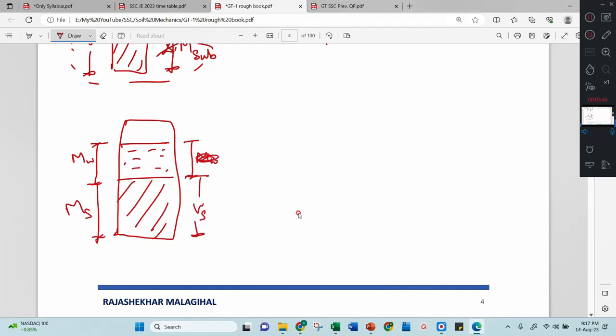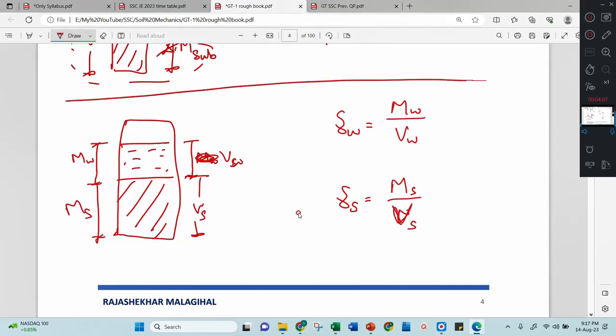Then we have two more definitions. That is, the density of water is mass of water by volume of water. Density of solids is mass of solids by volume of solids. Okay, these are special forms of densities.